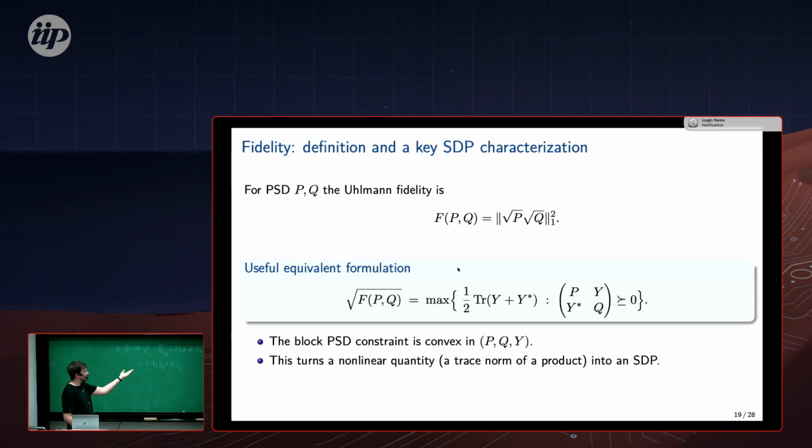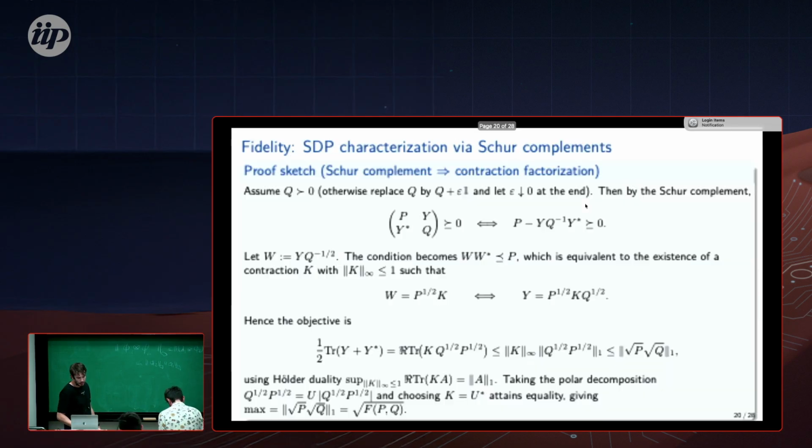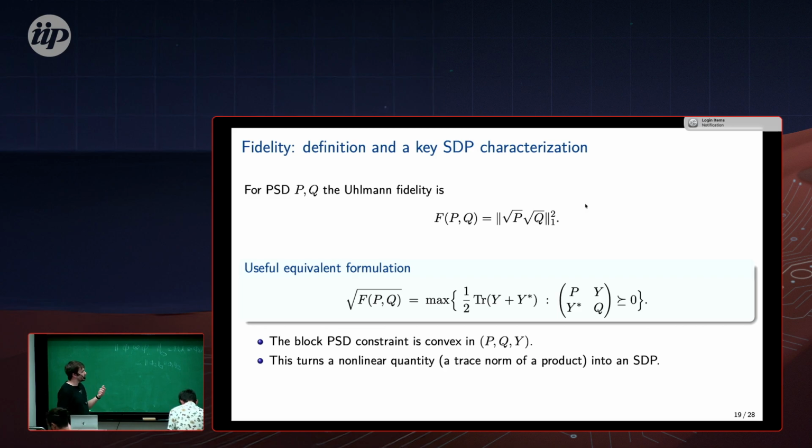But why is this formula for the fidelity already something very nice? Because when you look at this quantity over here, at first it looks like something very nonlinear and complicated. You have the square root of two matrices, and then you have this one norm. So you might think, oh, this looks very nonlinear, kind of nasty to control.